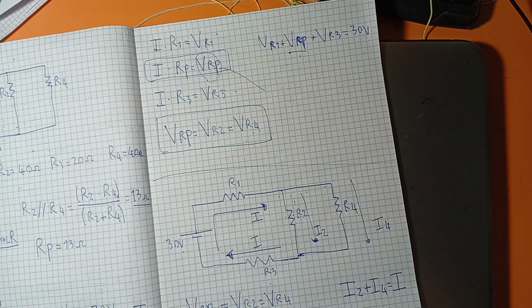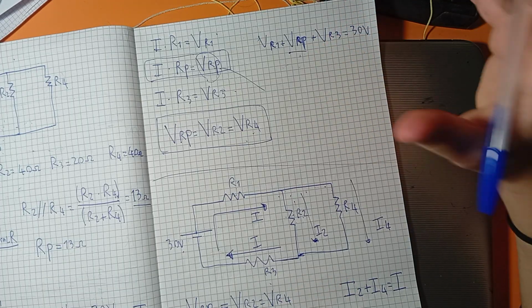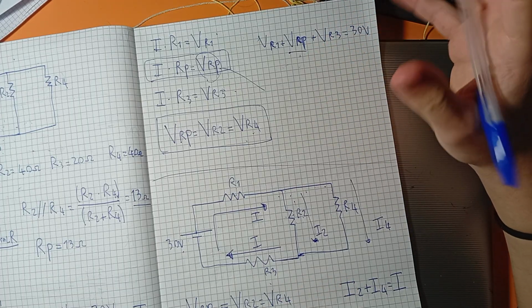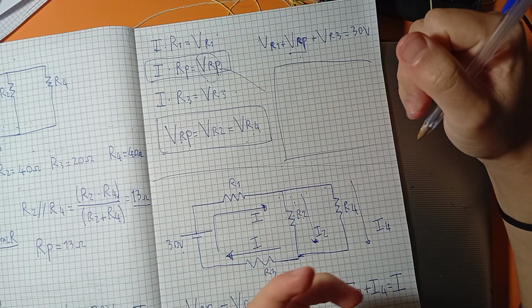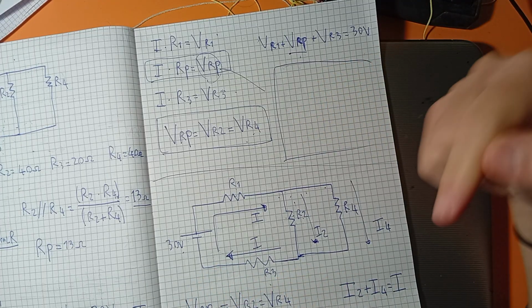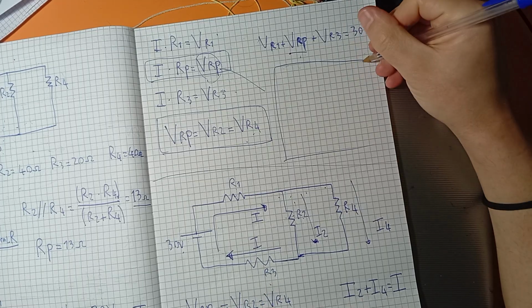So remember this. This works exactly the opposite of voltage. I think the correct way to say it is that it works in the opposite way as voltage. I hope you understood what I'm saying.